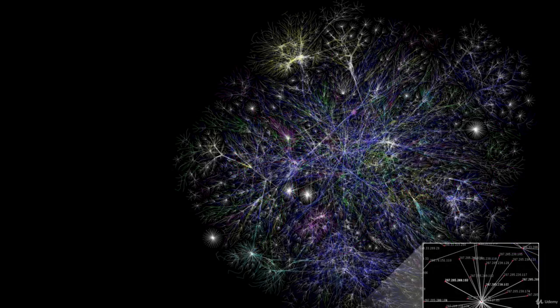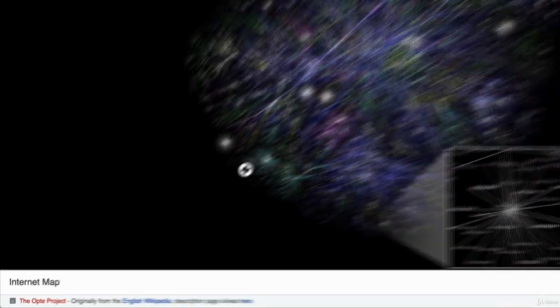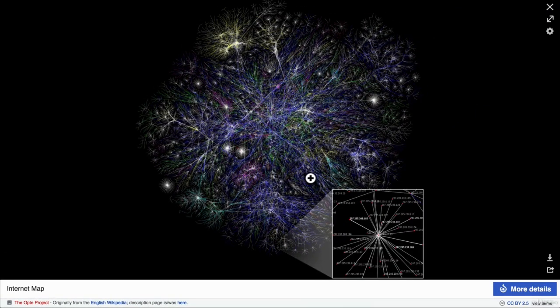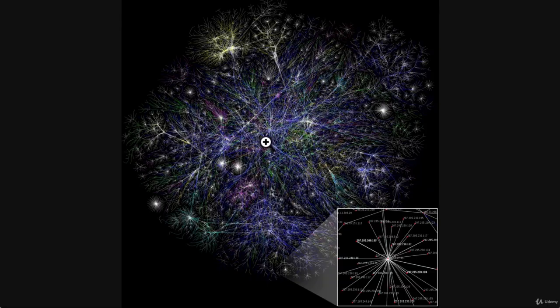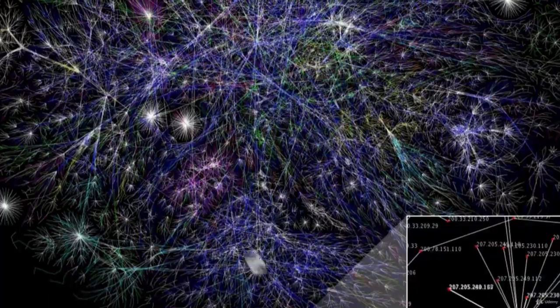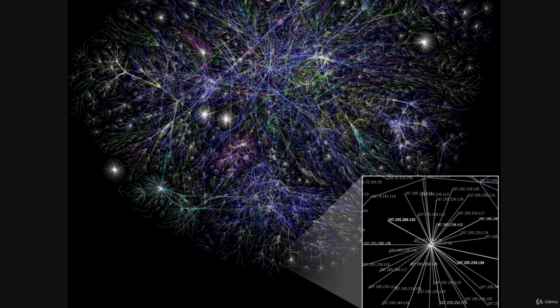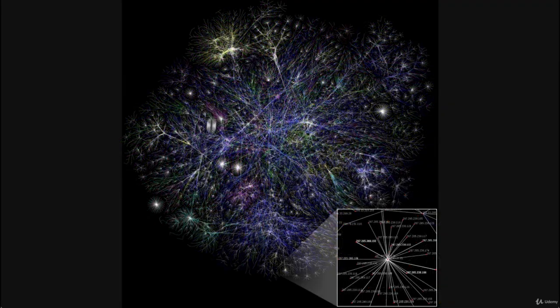And just to show you how insane this is, somebody from the Opte project, I got this off of Wikipedia, mapped out, I believe in 2015, just 30% of the network. You can see that each one of these dots is an IP address, so a computer that is connected to another computer that is connected to another computer. And that's the internet. The internet is just all these connected computers transferring files between each other.